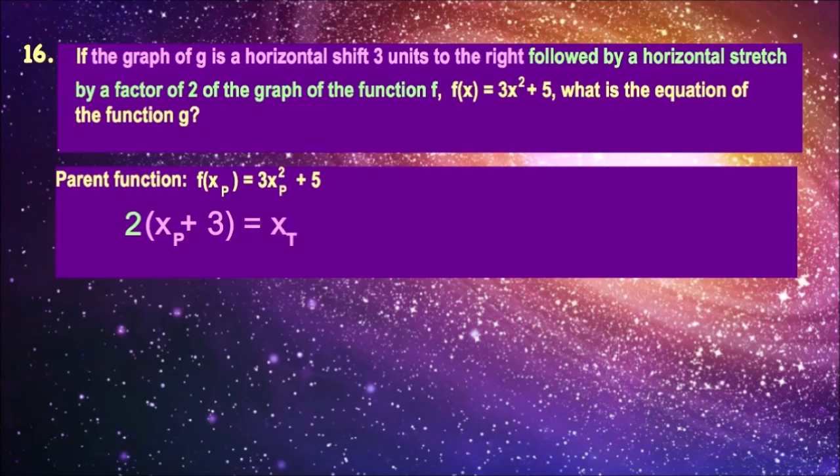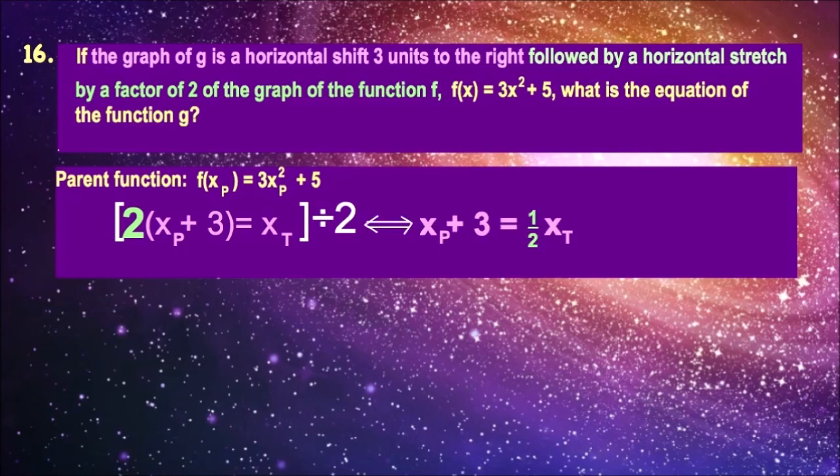equals x transformation. Solve the linear equation for x parent, multiply both sides of the equation by 2. Equivalent to x parent minus 3 equals 2 x transformation, which is equivalent to x parent equals 2 x transformation plus 3.